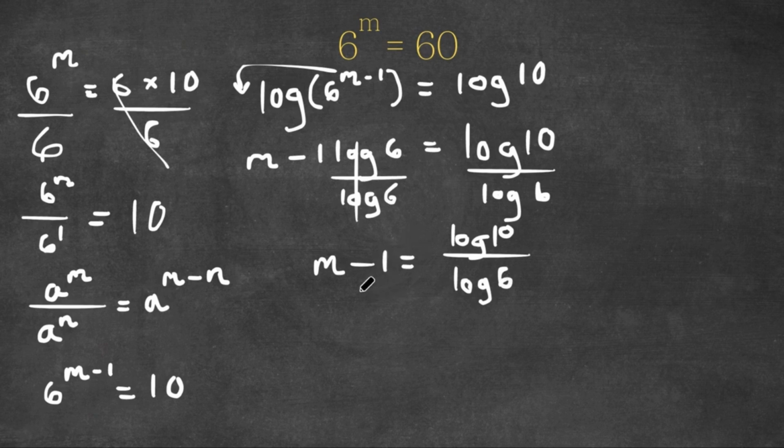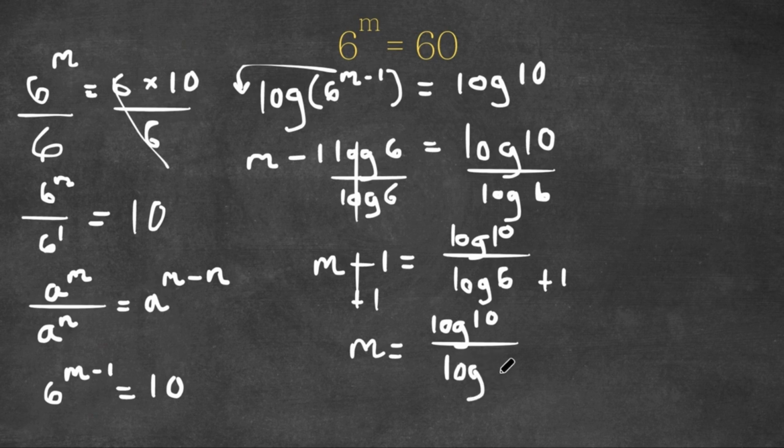So now I want to move this 1, so I'm going to add 1 on both sides. So now this cancels out, and I get m is equal to log 10 over log 6, plus 1.